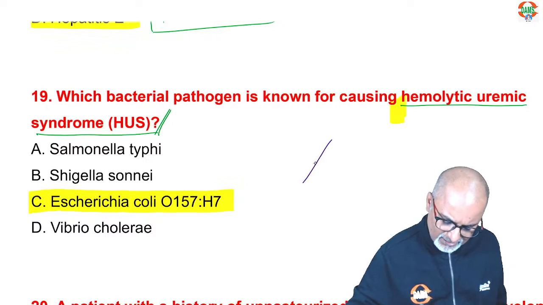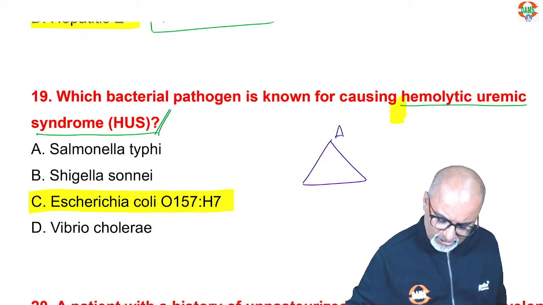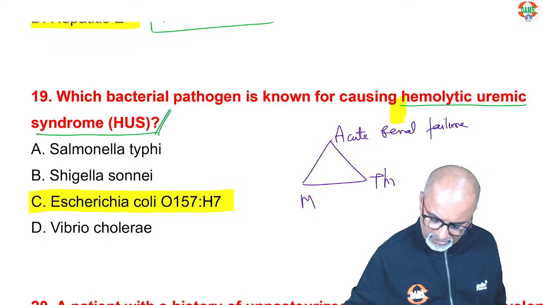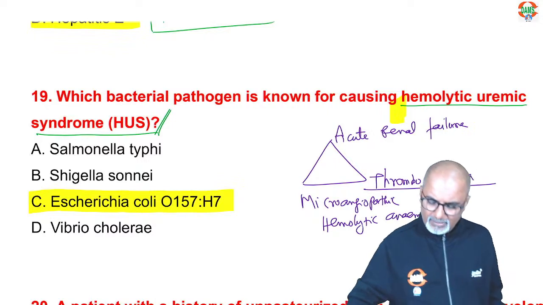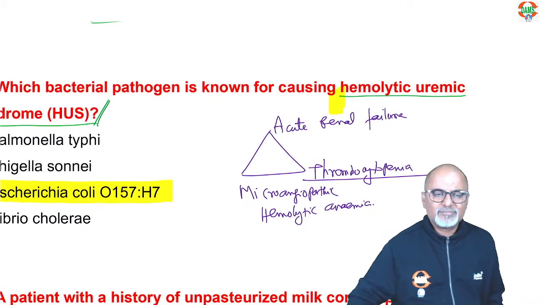It's a triad of acute renal failure, thrombocytopenia, and microangiopathic hemolytic anemia.